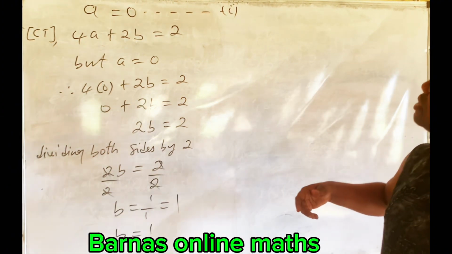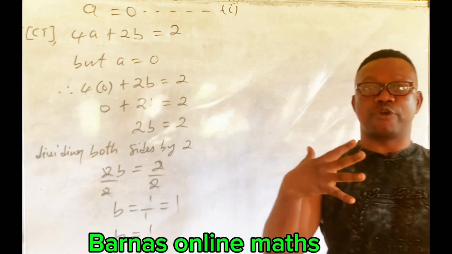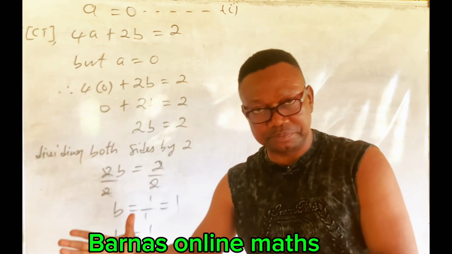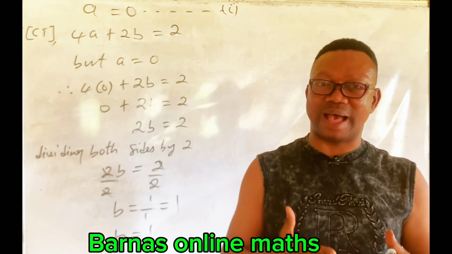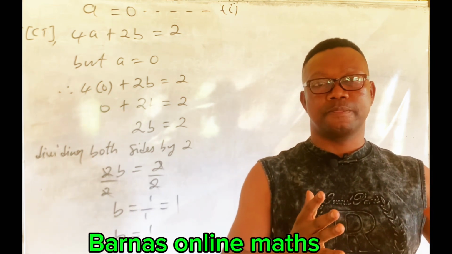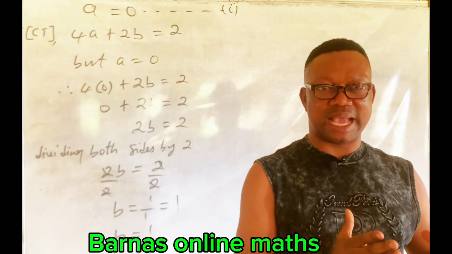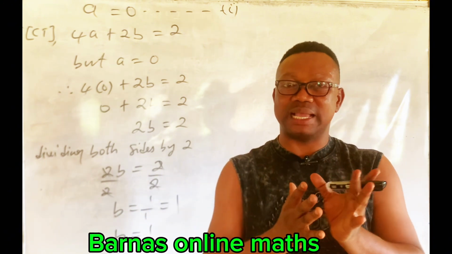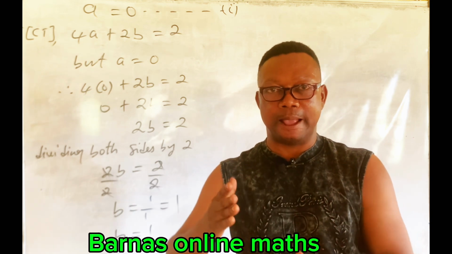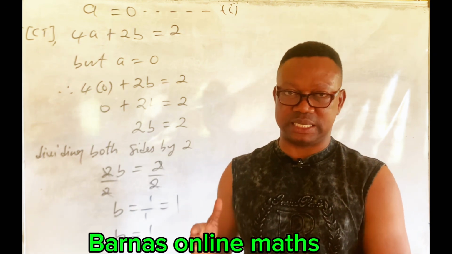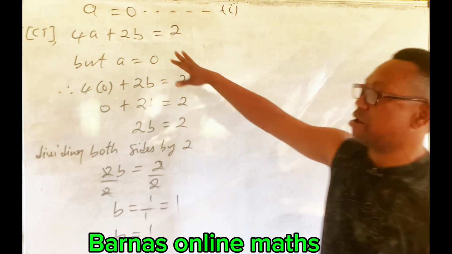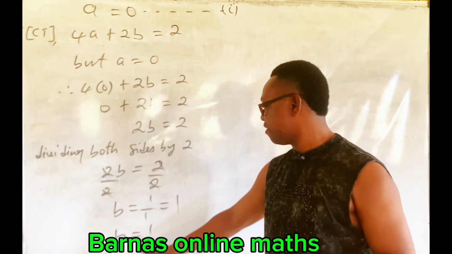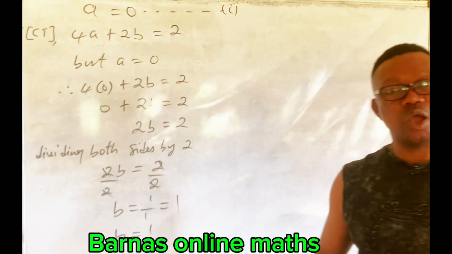Now, we have found the value of a. Remember, from the question where f of x was given, and we're asked to find f of x plus 2, and we're asked to find the values of a, b, and that of c. And we have found the value of a to be 0, also found the value of b to be 1.